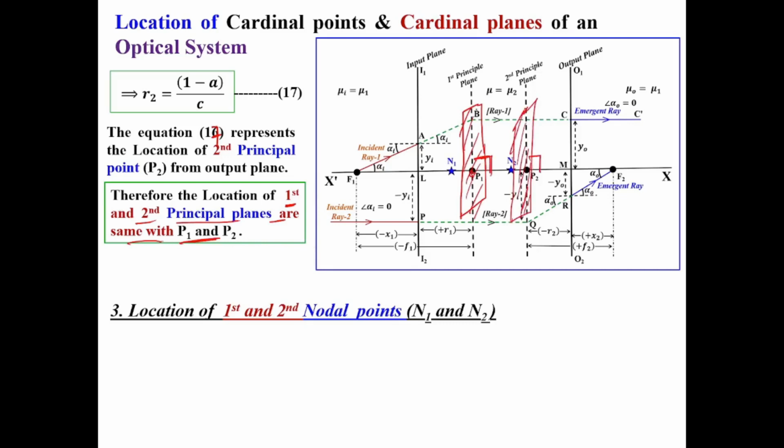Hence the locations of the first and second principal planes are the same as the first and second principal points, P1 and P2. Now we are going to calculate the location of the first and second nodal points N1 and N2 in our next slide.